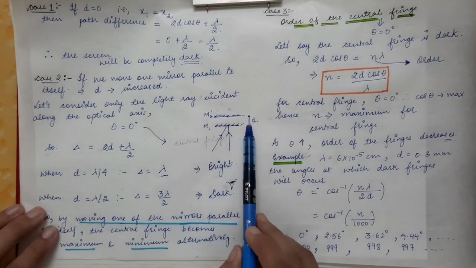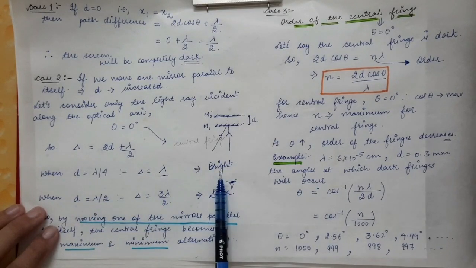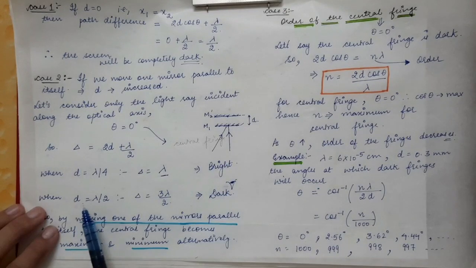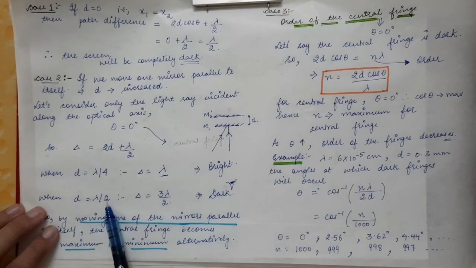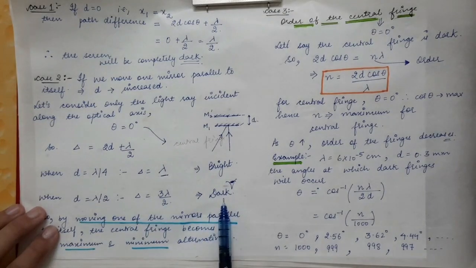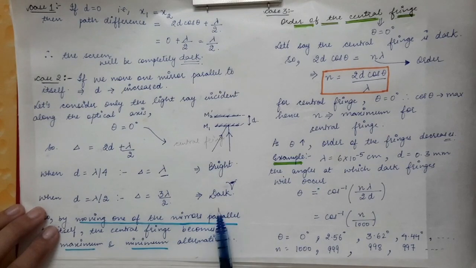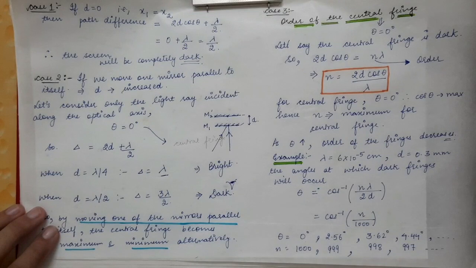Means as you are increasing the distance, when the distance is equal to lambda by 4, the central fringe will be bright. Then again you increase the distance and set it at lambda by 2. In that case the central fringe becomes dark, and again when you increase the distance, the central fringe will become bright, and then again it will become dark, and so on.